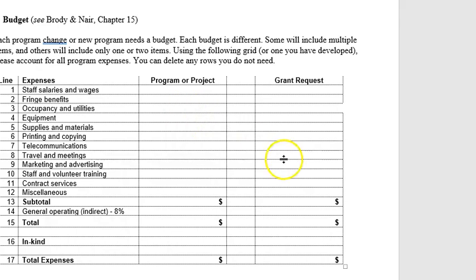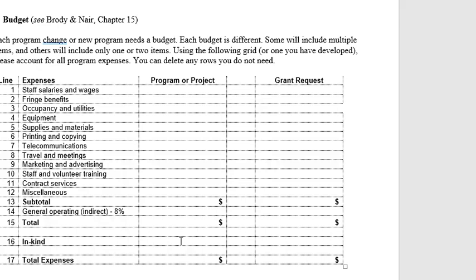I would say to you that grant funders are looking at programs that have multiple funding sources. So in this column, you are looking at the total cost for your program. Here you're looking at how much you want to come from the grant. This line item is for in-kind.